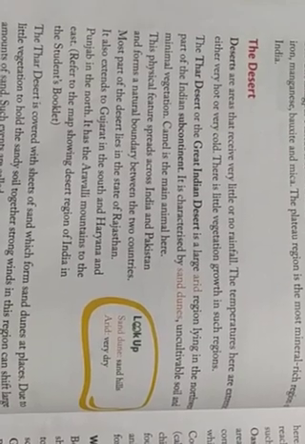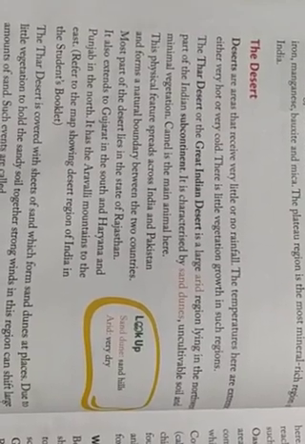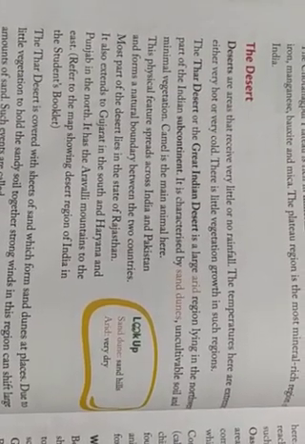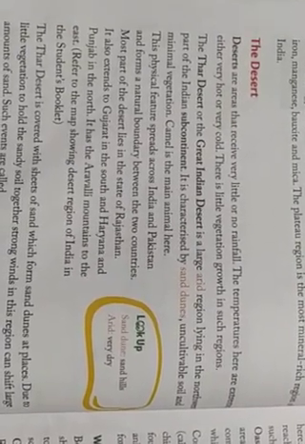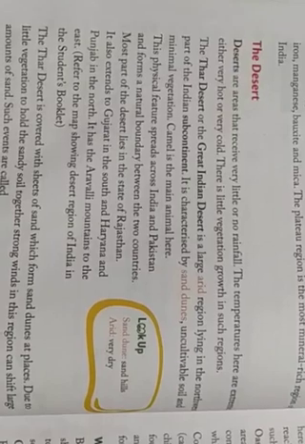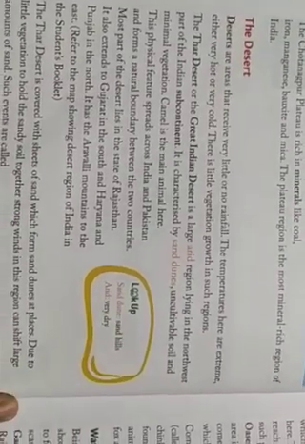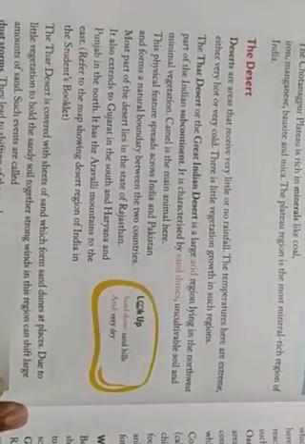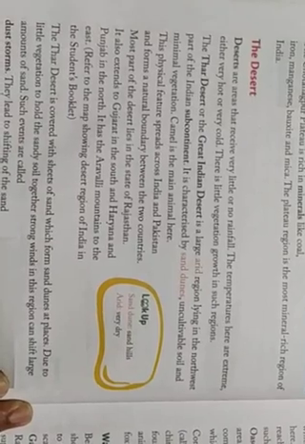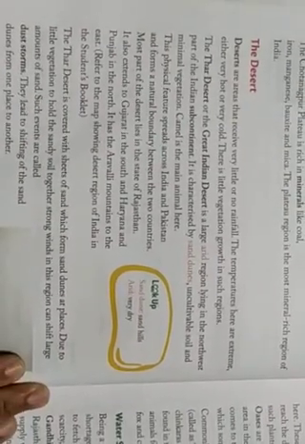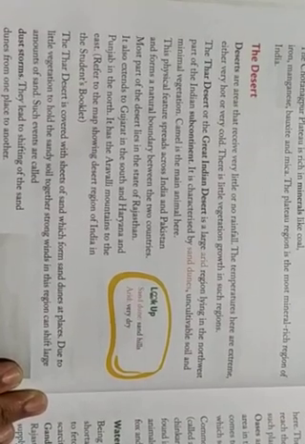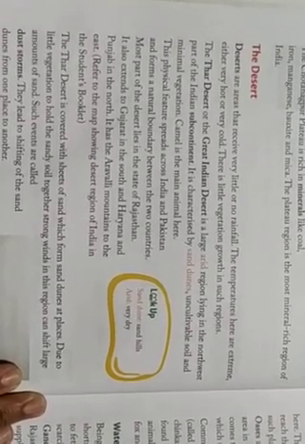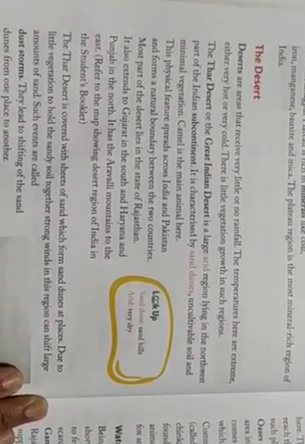Yes, the Thar Desert or the Great Indian Desert is a large arid region. Arid means very dry. It is a large arid region lying in the northwest part of the Indian subcontinent. It is characterized by sand dunes, uncultivable soil, and minimal vegetation.